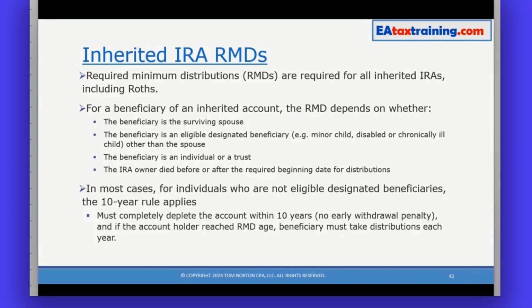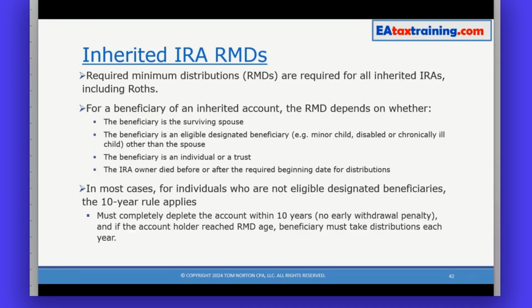Then the other variable is whether or not the IRA owner died before they were required to make minimum distributions. So remember, an IRA owner has to start making required minimum distributions by April 1st of the year after they turn 73.